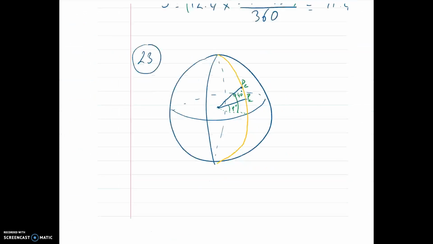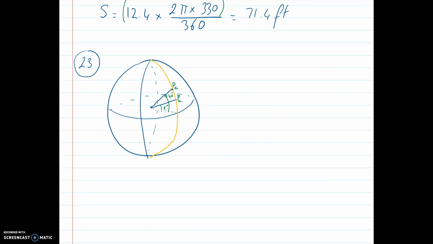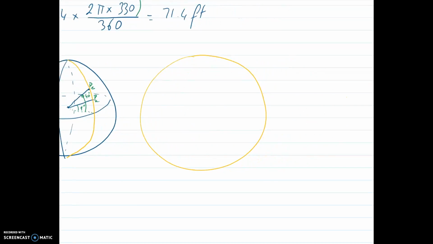So now what I want to do is very simple. I'm going to take a pretty nice circle, and on this circle I'm getting Panama, and I'm getting Pennsylvania.